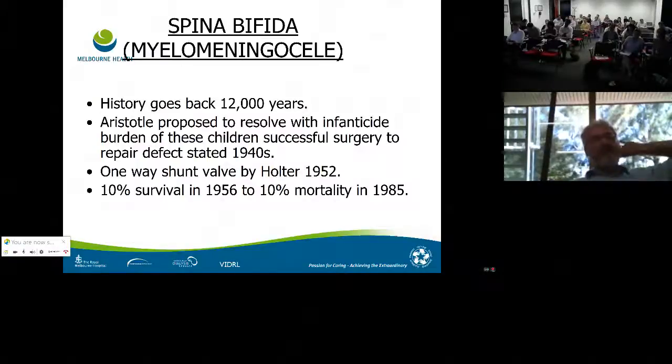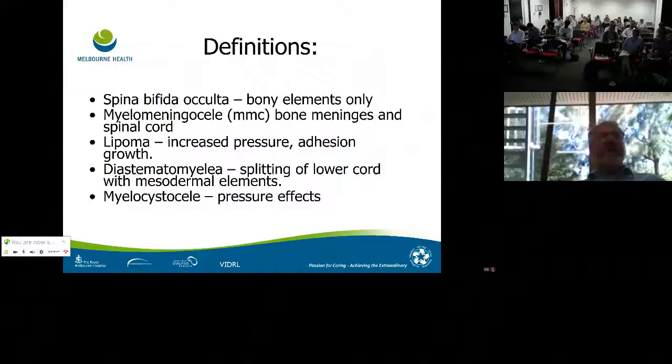So, just a few definitions. Spina bifida occulta is that associated with bony elements only. It can be associated with a myelocele or a myelomeningocele, which is the common one where there's bone, meninges and spinal cord.